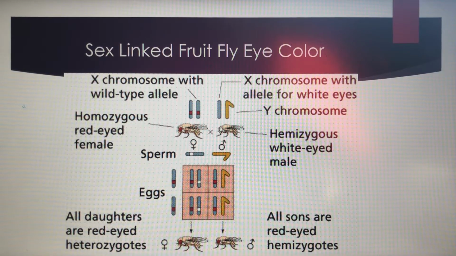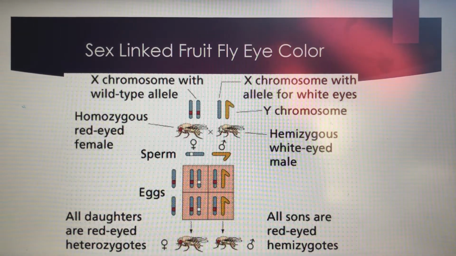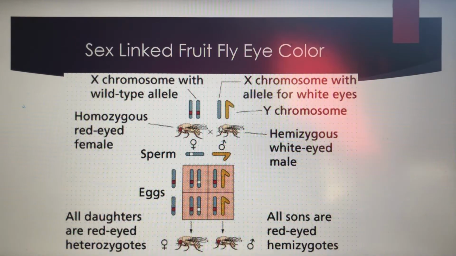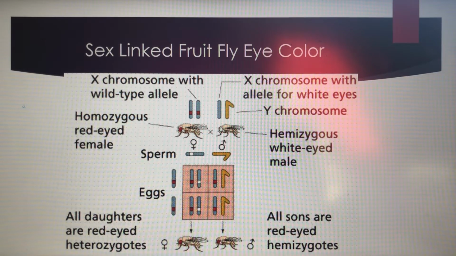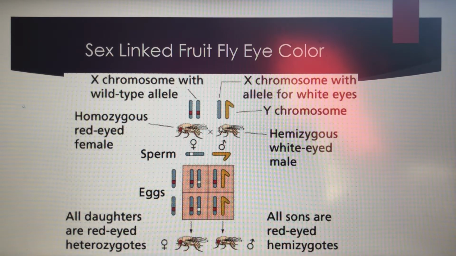Now, if dad had white eyes, well, mom is a homozygote red-eyed, then everybody's going to be okay because mom's going to give her good red eyes to the boys, and she's going to have one X to give to the girls, and the girls are also going to get the white-eyed X from their dad, but the mom has red eyes, so the girls end up expressing as red eyes, okay?